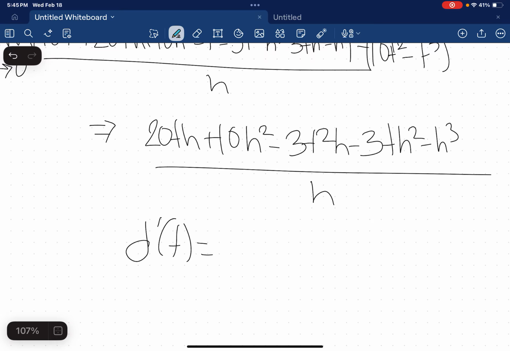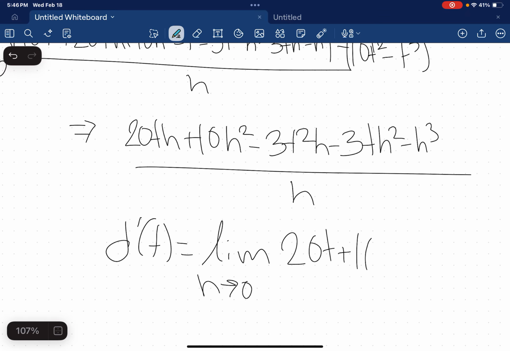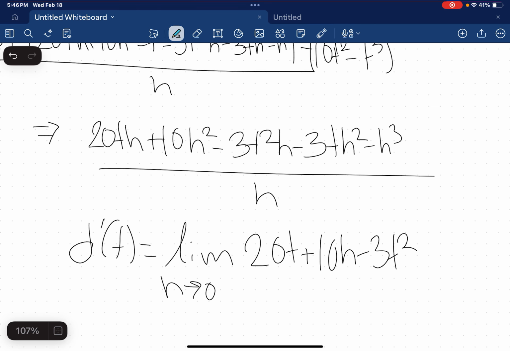It is going to be equal to the limit as h approaches 0 of 20t plus 10h minus 3t squared minus 3th minus h squared.